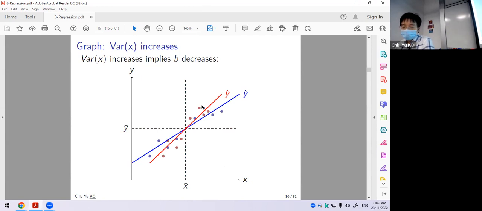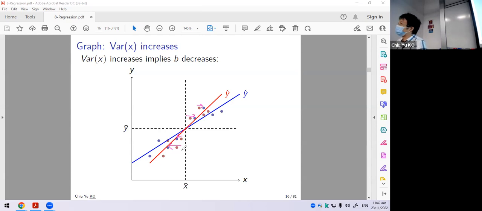And if you keep X bar the same, Y bar the same, and you increase the variance of X, it means that every observation, relative to X bar, moves outward horizontally. Then if you try to draw a line, it must be the case that the line is flatter, right? So that's why increased variance will make the line very flat.